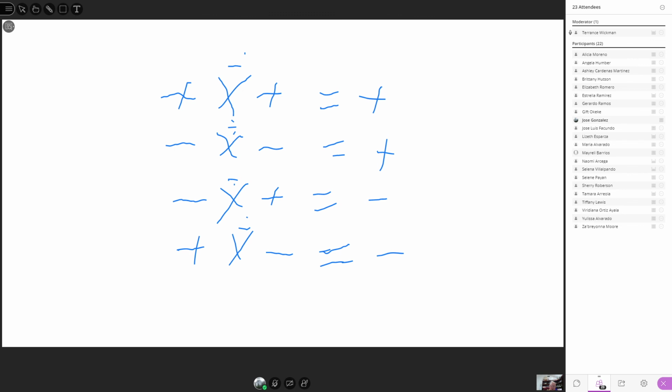That table you should write down. Two like signs give you positive, two unlike signs give you negative. True for multiplication and division. Are we good with that? Yes. Hopefully that's helpful to you all.